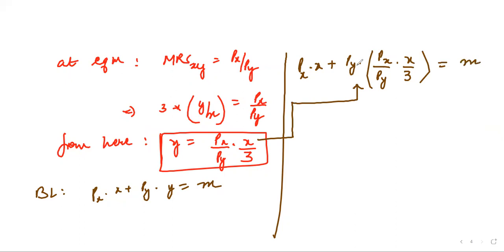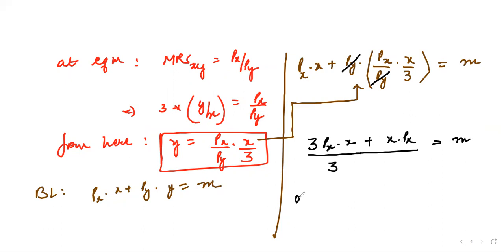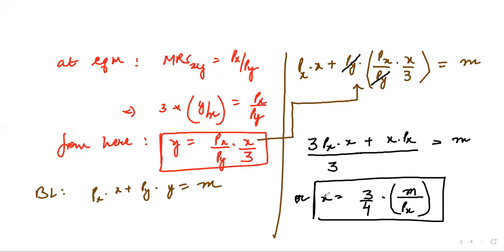So I'm going to cancel out py and I'm going to get 3px by 3 plus xpx is equal to m, or I'm going to get x is equal to 3 by 4 m by px. This is my x star. Okay.